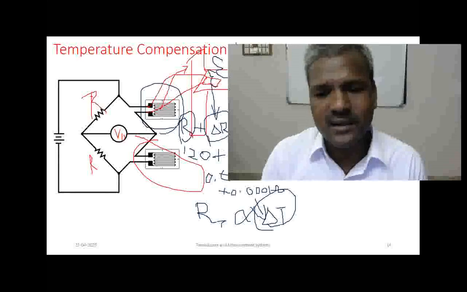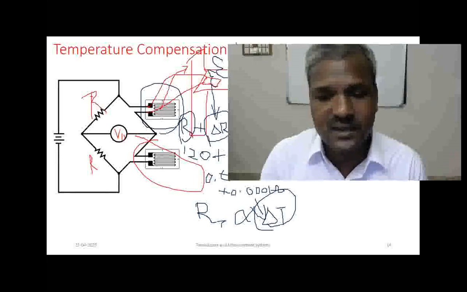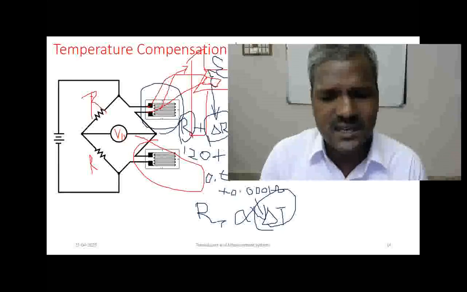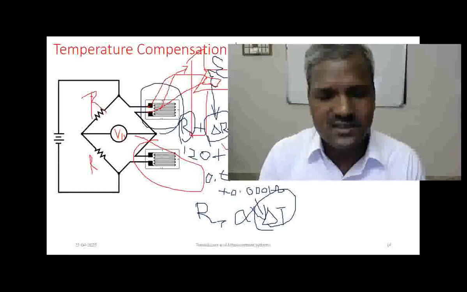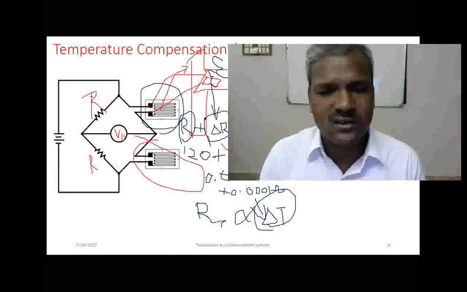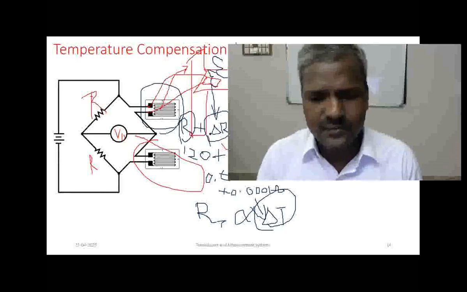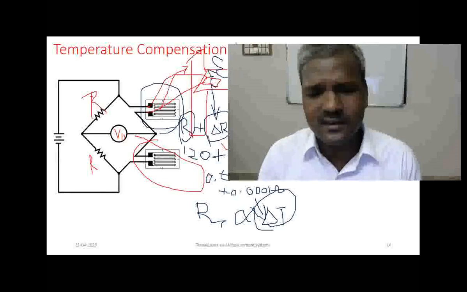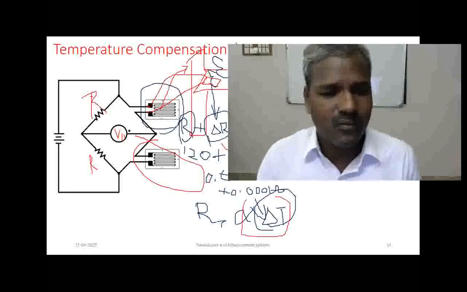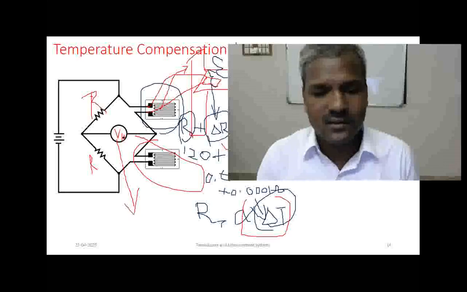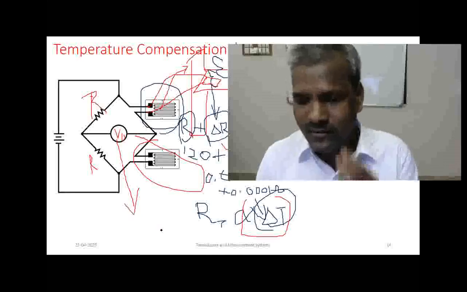This del RT is the increase in resistance due to temperature. This del RG is the change in gauge resistance due to the strain developed in the field. Because of this increase in resistance due to the temperature, the voltage output also varies. So there will definitely be an error.